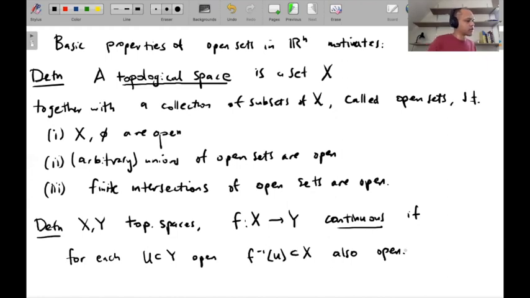I want to finish with just a quick little example of how to think about some of the examples we've seen as topological spaces.